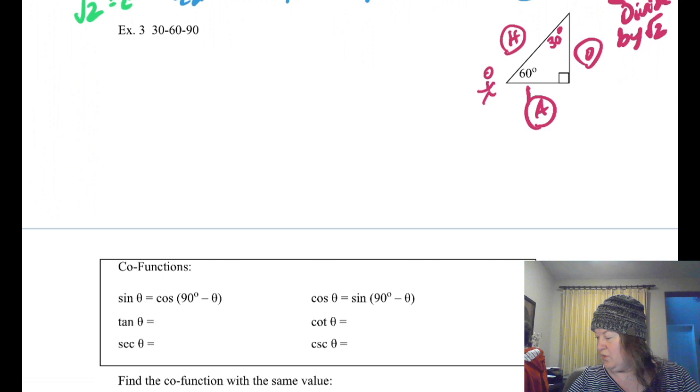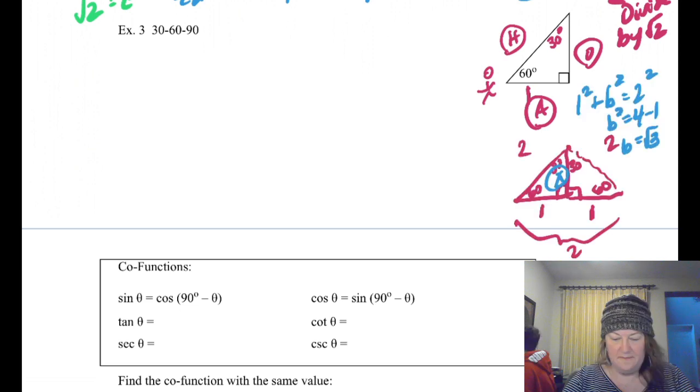If I do that, I will get 1 squared plus b squared equals 2 squared. So I'll get b squared is 4 minus 1, so b is square root of 3. Okay, so that means if I take this all the way back up here again, this has to be a 2, this has to be a 1, this has to be a square root of 3.